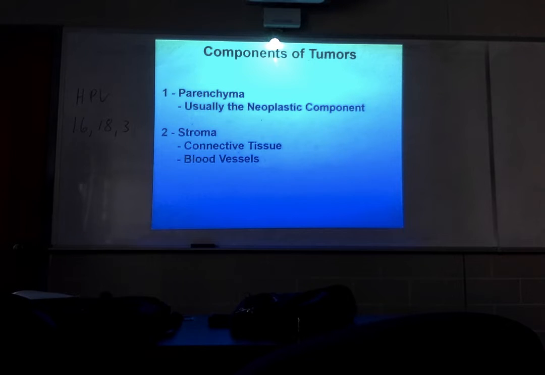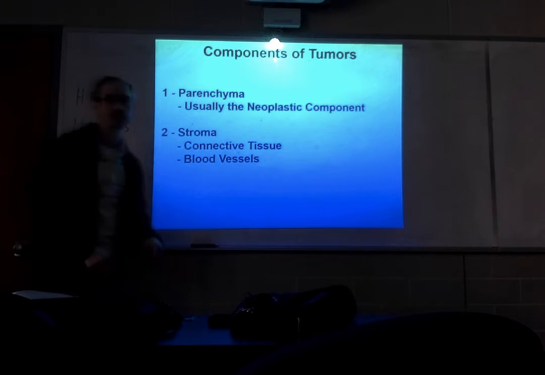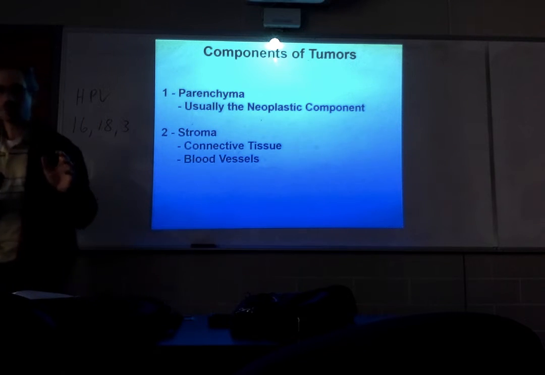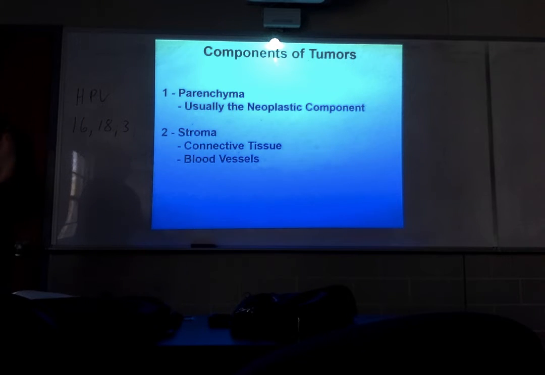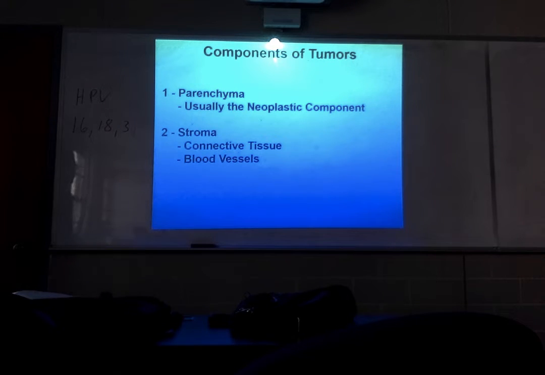Usually in normal tissue, there's a balance between parenchyma and stroma. You've got parenchymal cells that are supported by a certain proportion of stroma and blood vessels. They obviously need support, they need blood flow. There's a certain proportion of parenchyma to stroma in normal tissues.